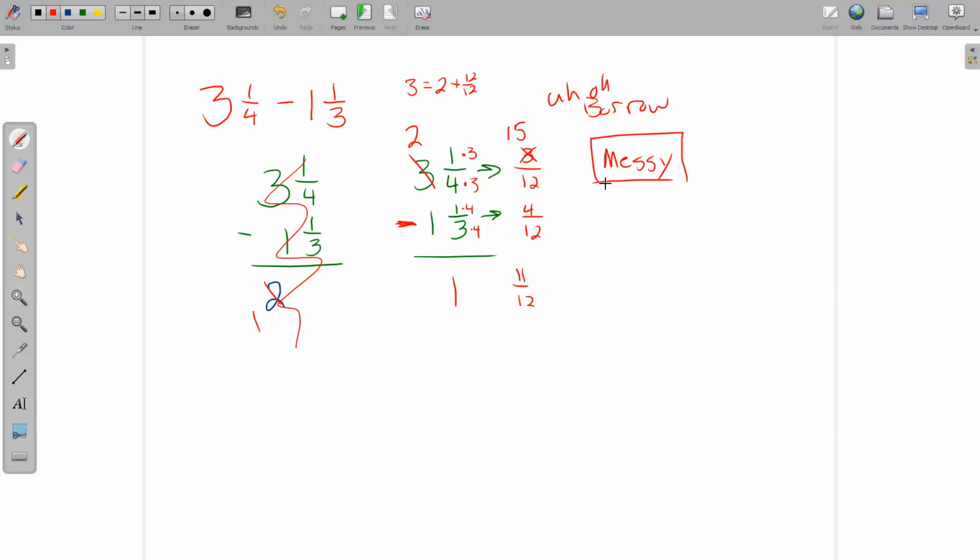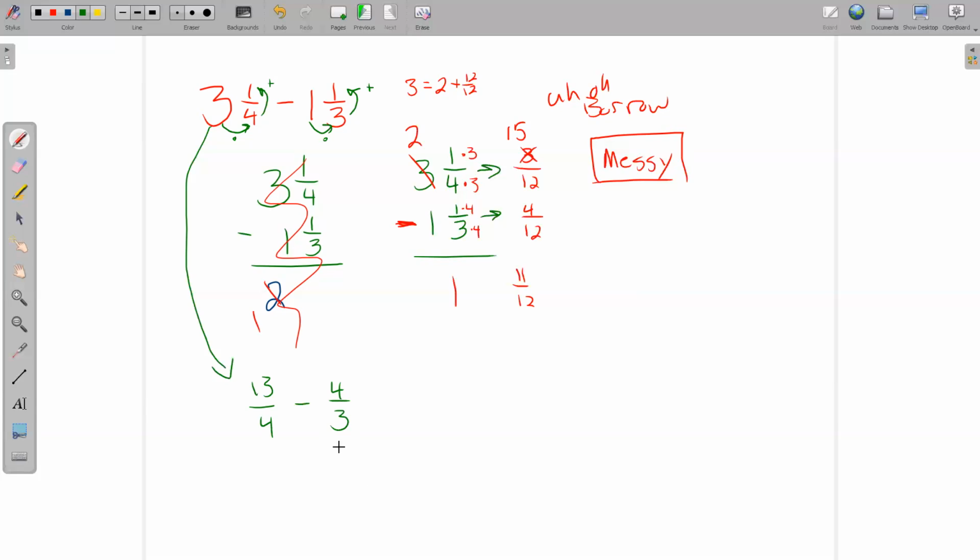Can I get around that messiness? I'm going to try, and the way I'm going to try it is I'm going to rethink the 3 1/4 as an improper fraction. So let's see, 3 times 4 is 12. 12 plus 1 is 13 fourths. 1 times 3 is 3, plus 1 is 4 thirds.